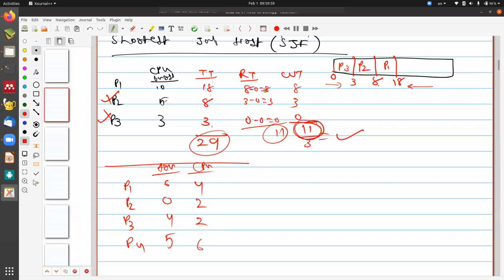Can you apply SJF here and do the turnaround time, response time, and waiting time? Quickly. It will change a little compared to the earlier one.